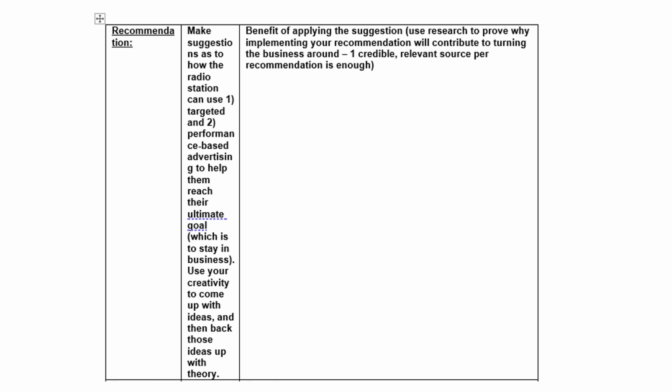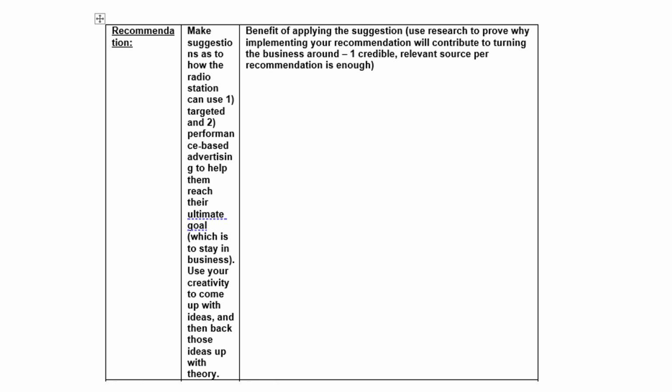Okay, so you can see over here, what we have is recommendations on the left-hand side, and it says make suggestions as to how the radio station can use 1, targeted, and 2, performance-based advertising to help them reach their ultimate goal, which is to stay in business, as you guys know. Use your creativity to come up with ideas, and then back those ideas up with theory.